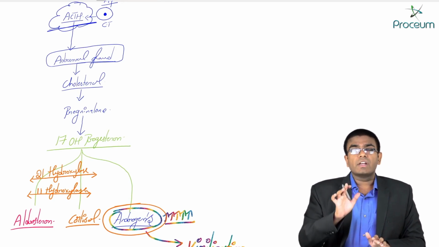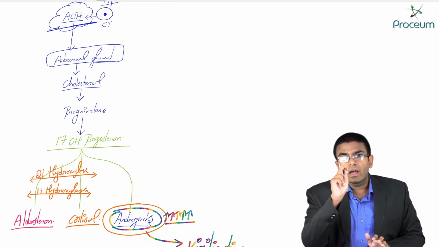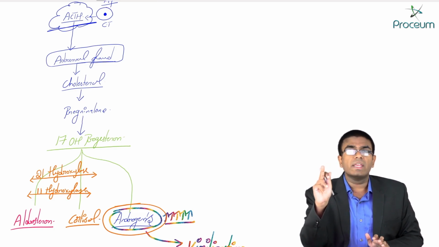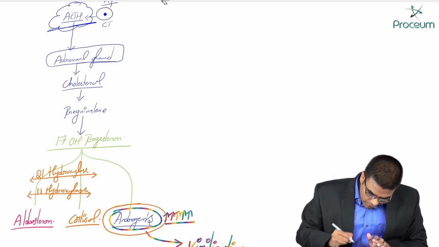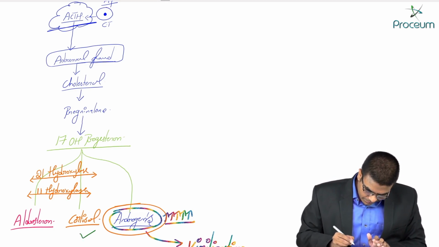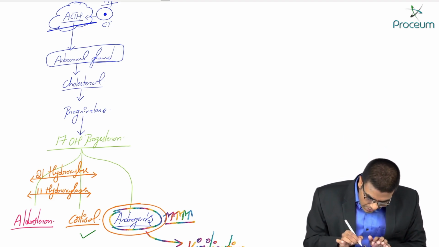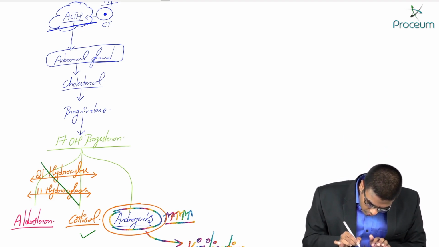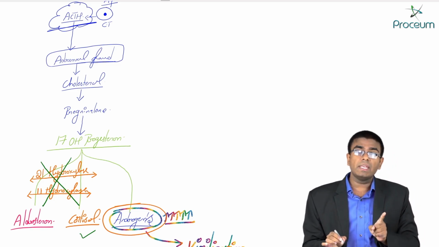The prime function of adrenocorticotropic hormone, ACTH, is production of cortisol. But in our condition, cortisol is not getting produced. Why? Because there is no 21 hydroxylase, the main important enzyme.